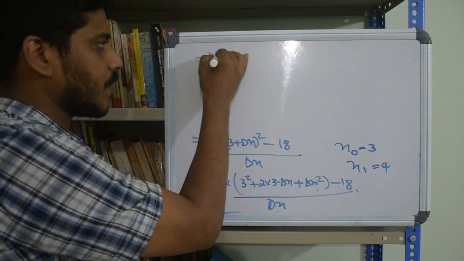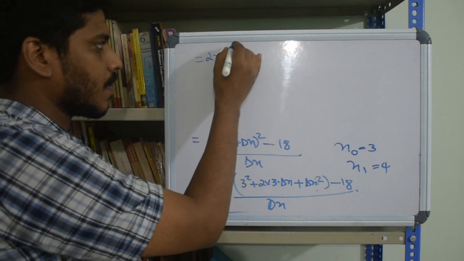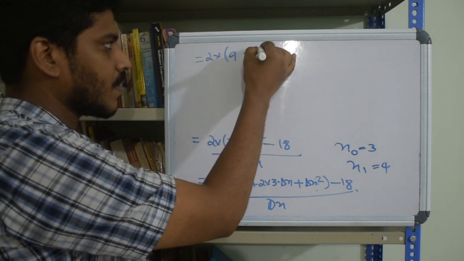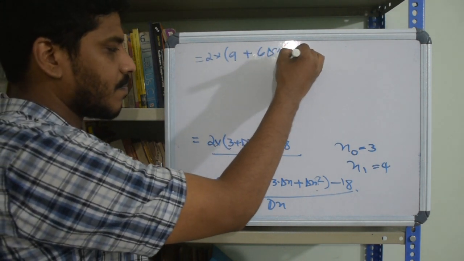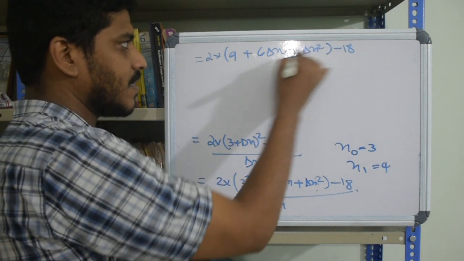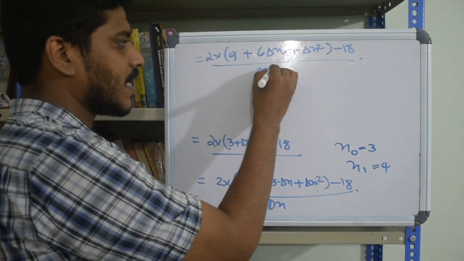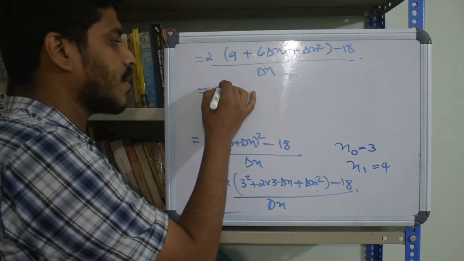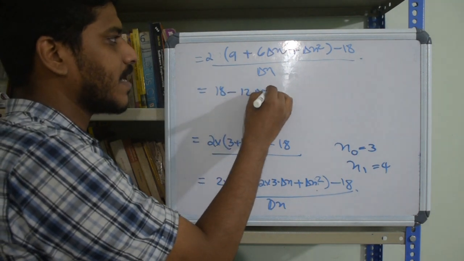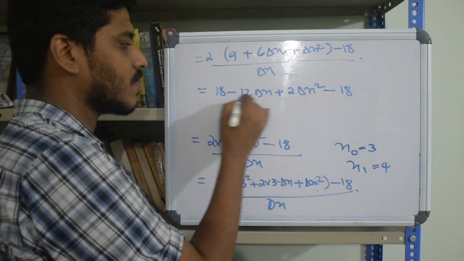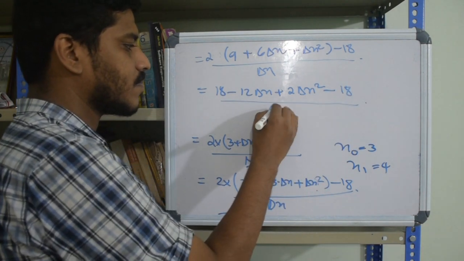That's equal to 2 into 9 plus 6 delta x plus delta x whole square, minus 18, by delta x, which is equal to, multiplying 2 inside the bracket, 18 plus 12 delta x plus 2 delta x squared minus 18, all divided by delta x.